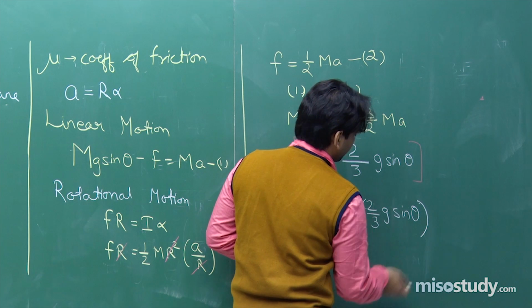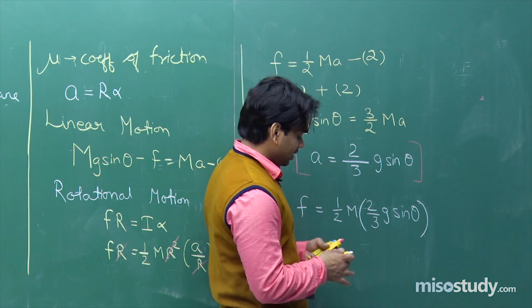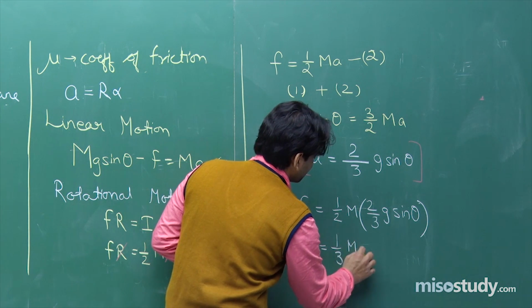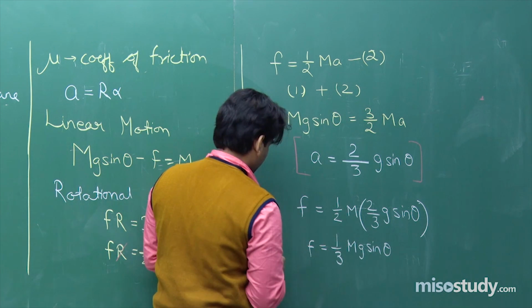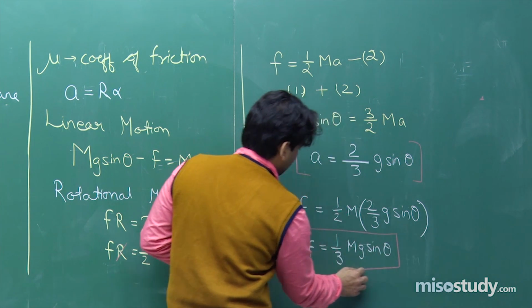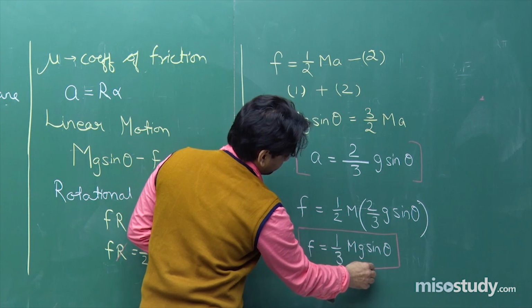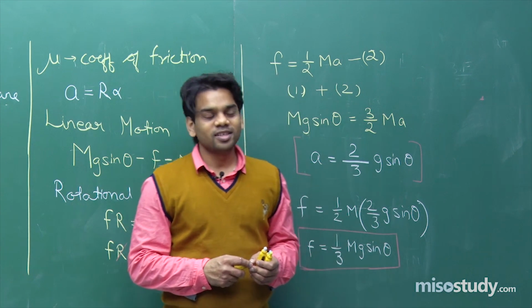So we will be getting 2 and 2 will be cancelled out, mg sin theta by 3. So let me write finally it will be 1 by 3 mg sin theta. This is the value of frictional force acting on the cylinder shown.